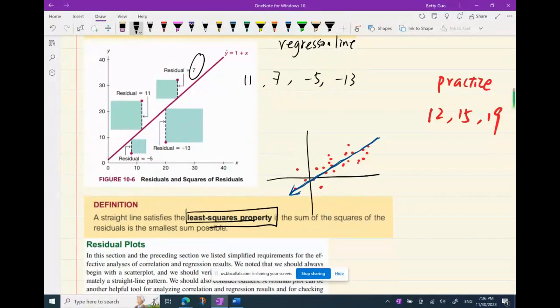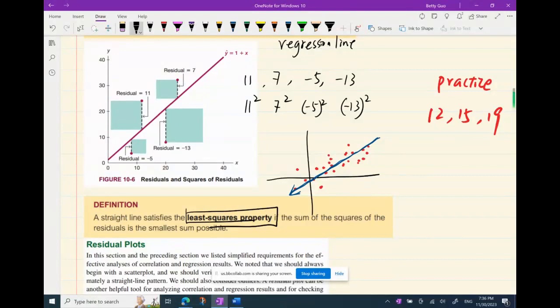The criteria is to look at the sum of the squares of the residuals. So we are going to take the square of all the residuals: 11 squared, 7 squared, negative 5 squared, which is 25, positive, okay? The reason we have to square them is because some residuals are positive, some are negative.